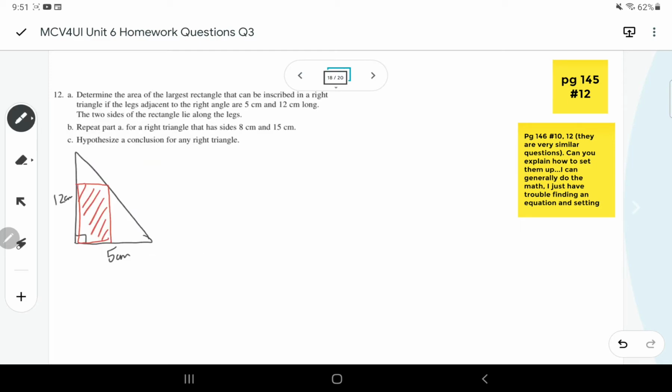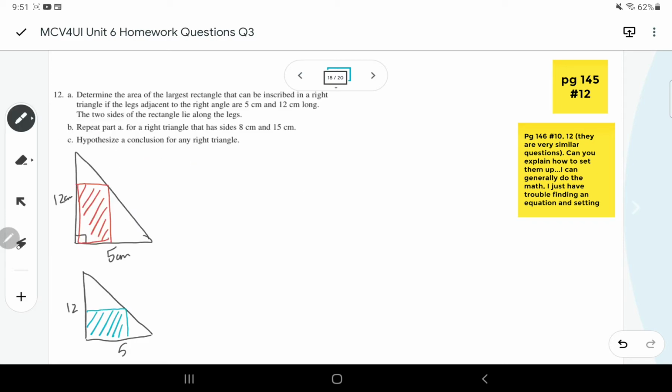So maybe we want to put it really high up on the 12. Maybe we want to put it like half and half. We don't know really what shape, but you're going to build this rectangle and you're going to fit it into that right triangle against two of the sides.